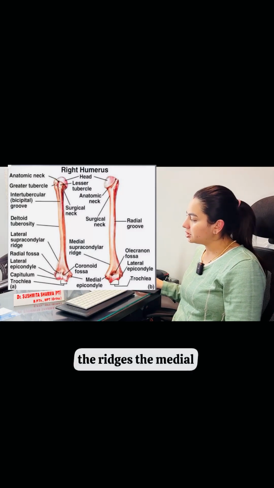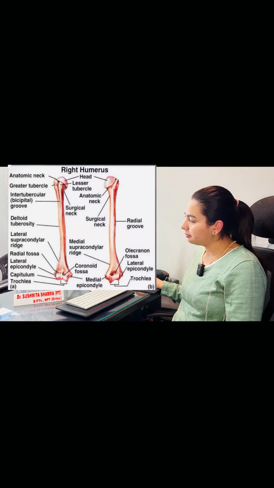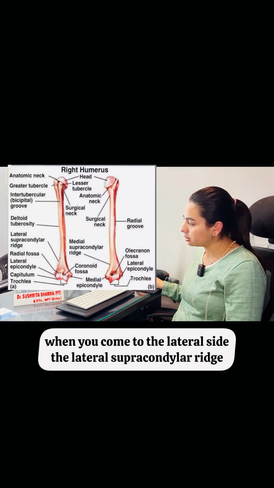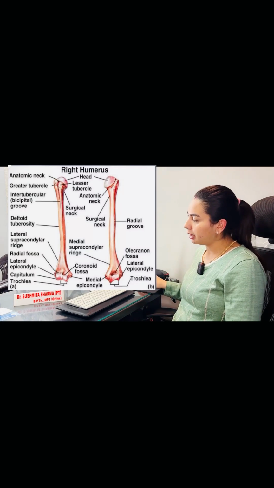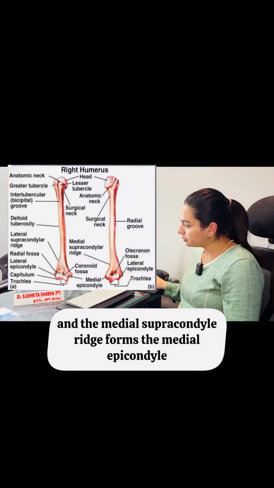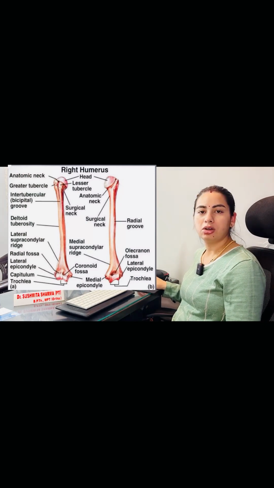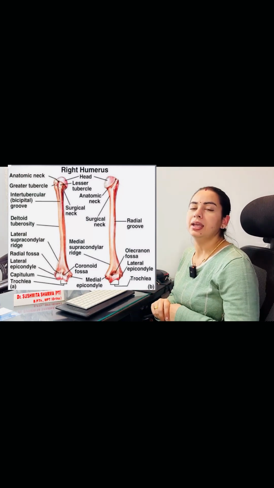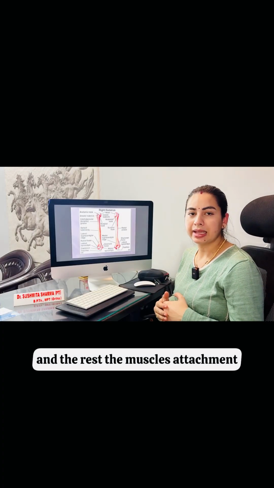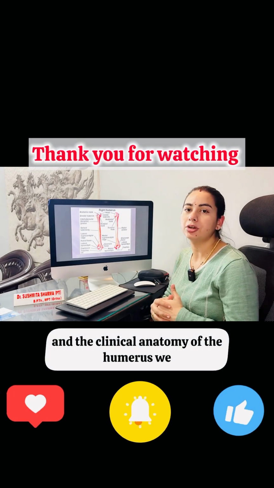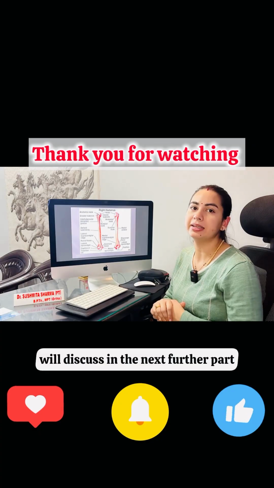On the lateral side, the lateral supracondylar ridge forms the lateral epicondyle, and the medial supracondylar ridge forms the medial epicondyle. So this is a summary of all the parts of the humerus, and the muscle attachments and clinical anatomy of the humerus we will discuss in the next part.